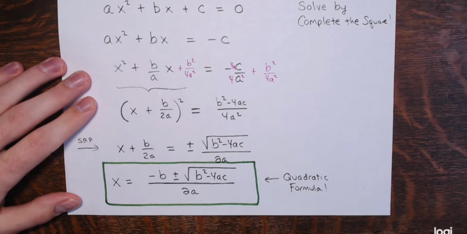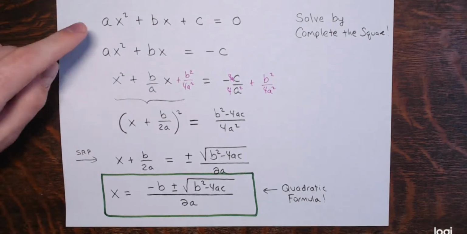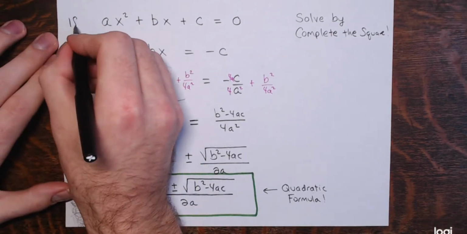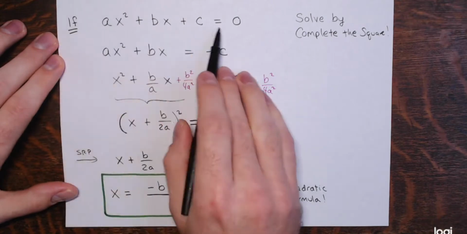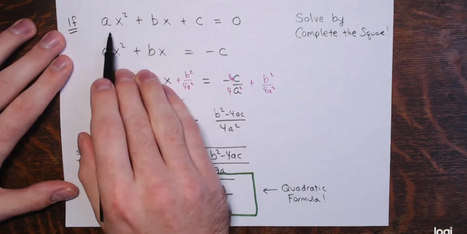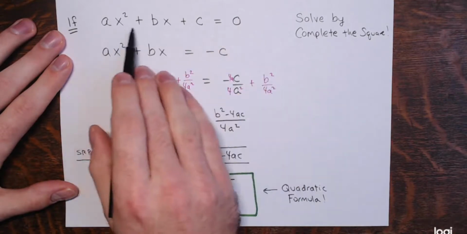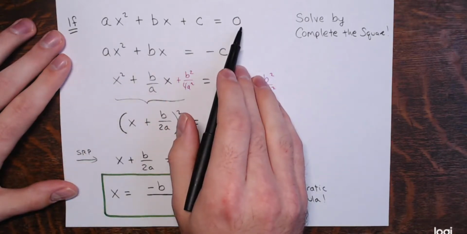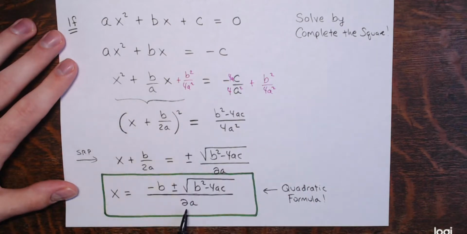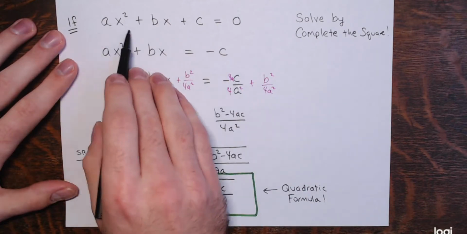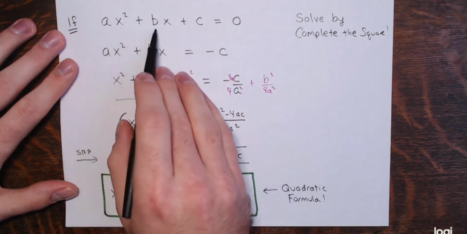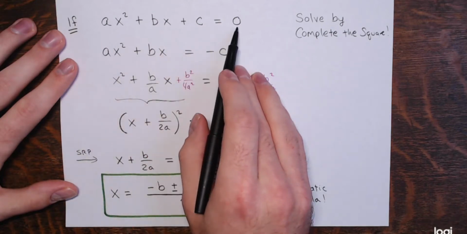So if an equation starts off in standard form like this, where everything's on one side, 0 on the other, and it's got to be like this, it can't look like anything else for you to use the quadratic formula. It must look like this, ax squared plus bx plus c equals 0.